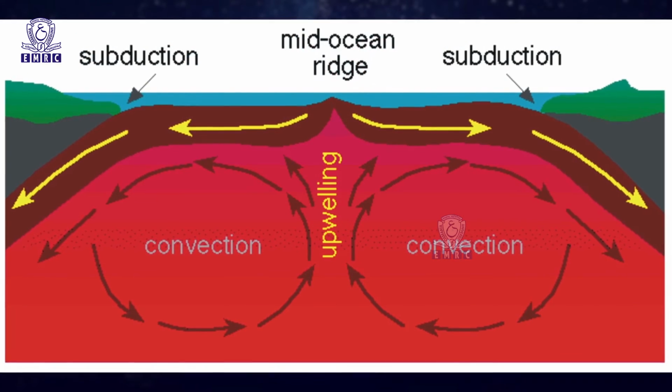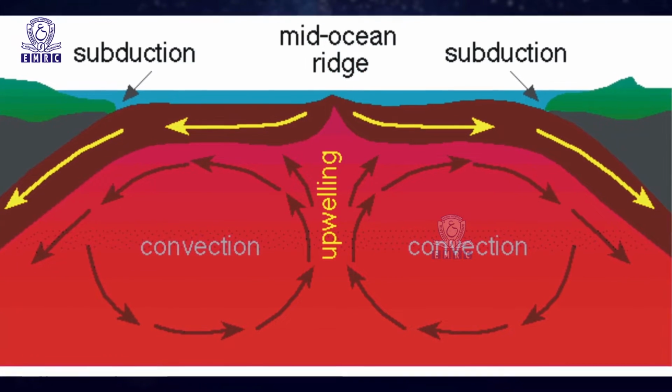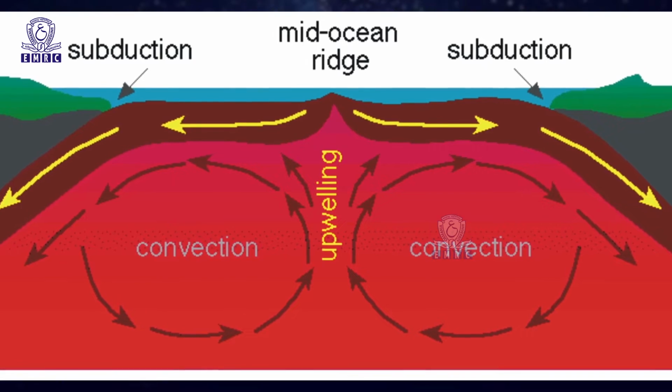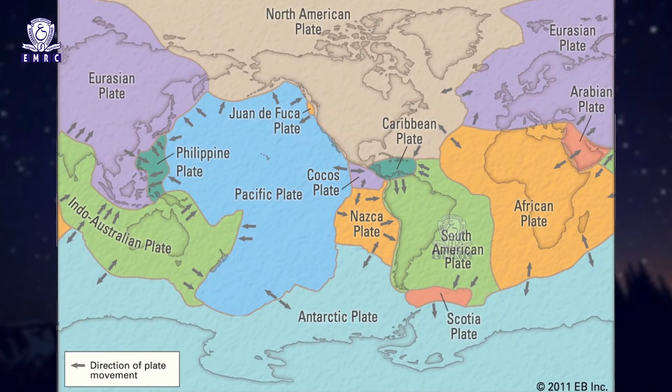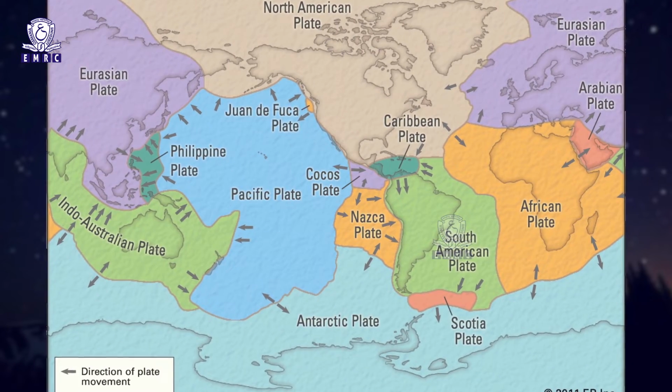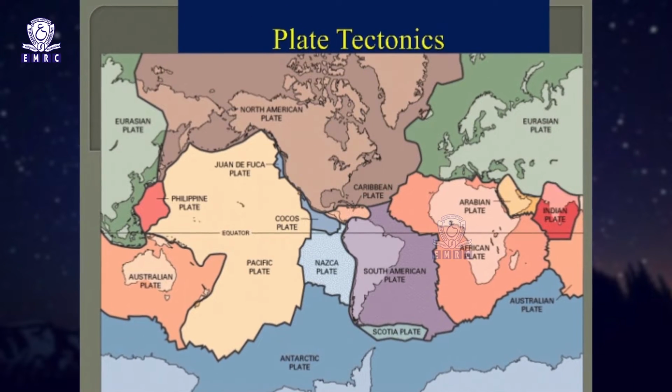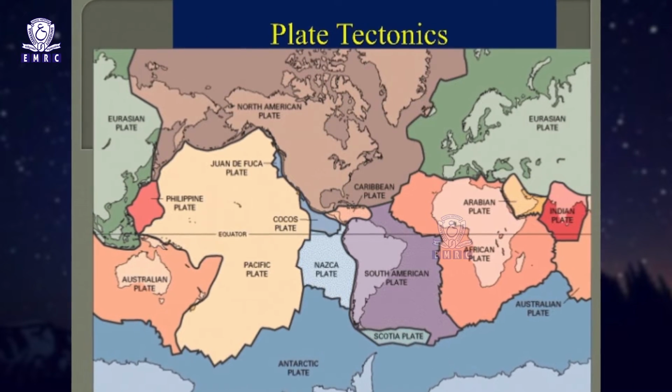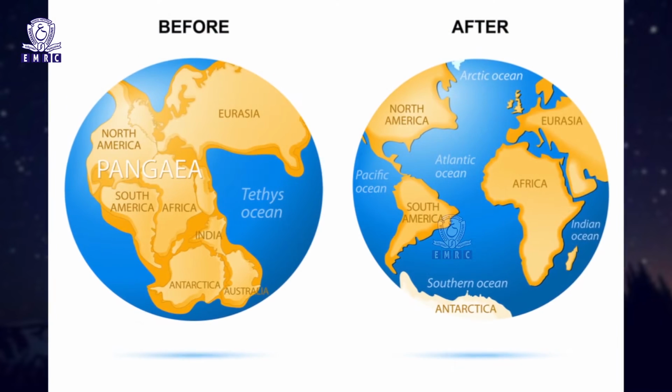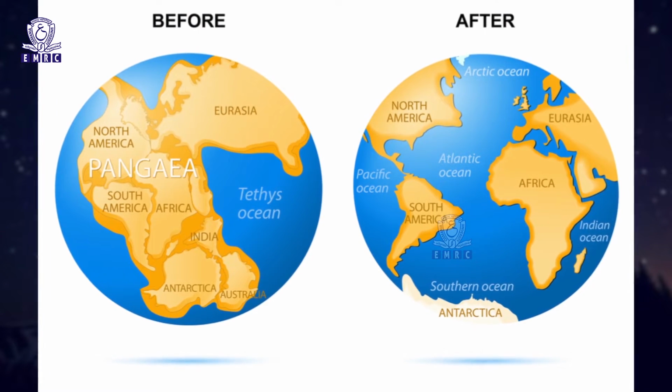The hypothesis has now developed into a more sophisticated and comprehensive theory of plate tectonics, an improvement over Wegener's theory and considered the most scientific and comprehensive theory about the drifting of the continents.